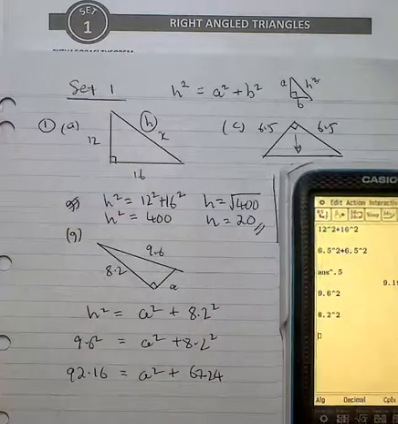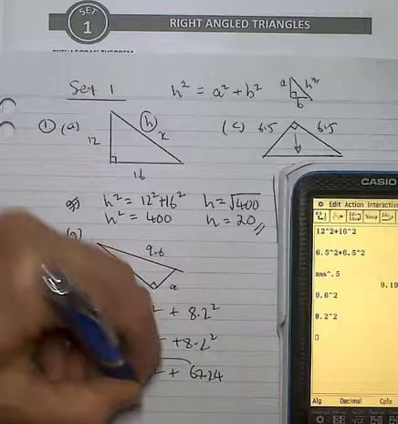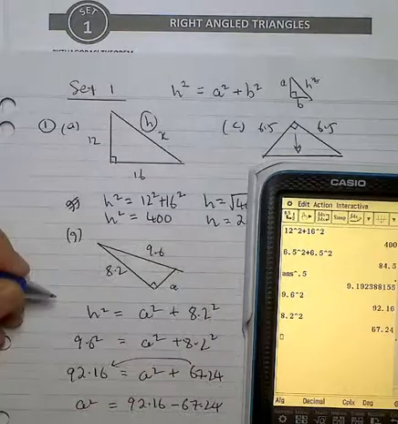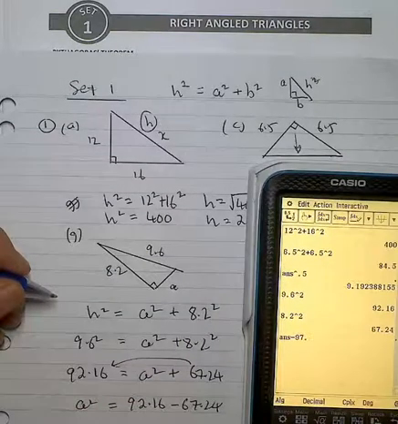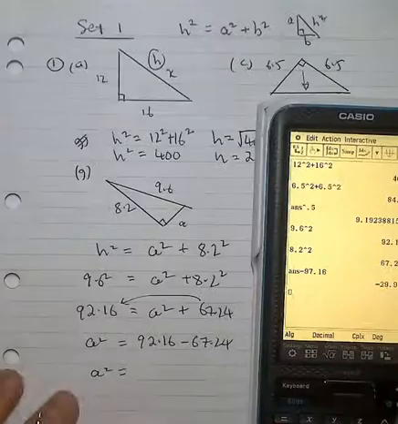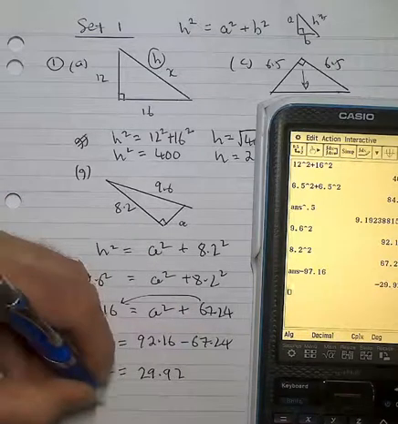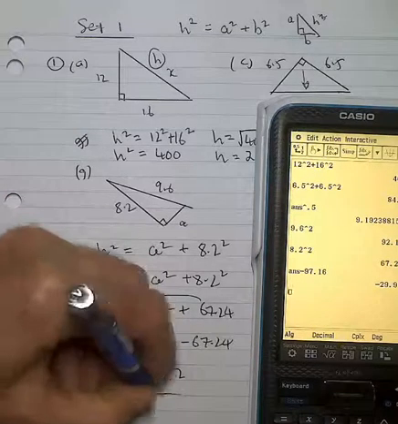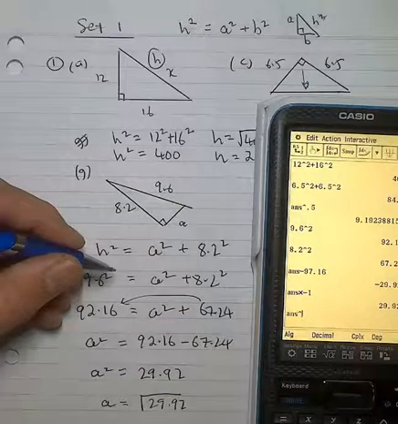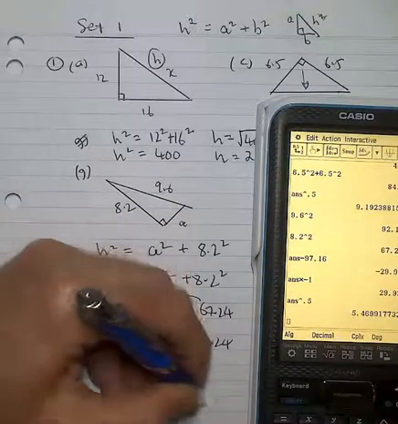Now I've got to do some transposing here. So a squared is equal to 29.92, and taking the square root of that gives me 5.47.